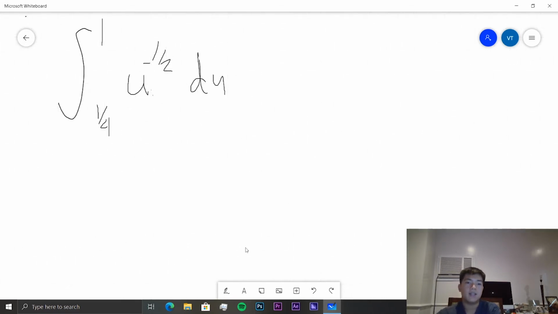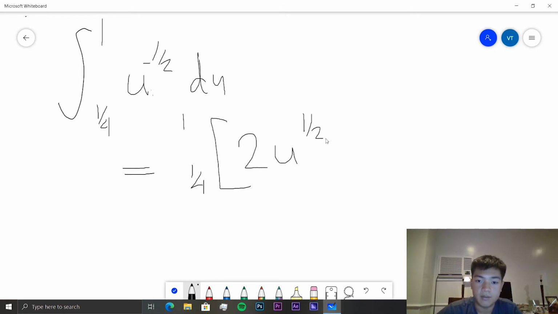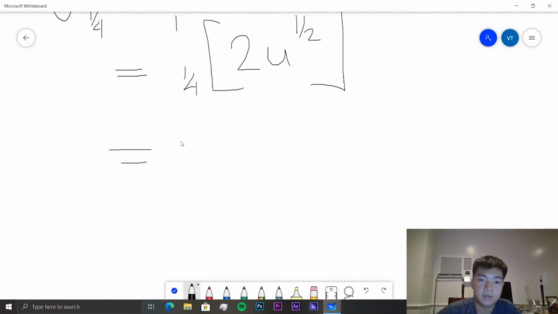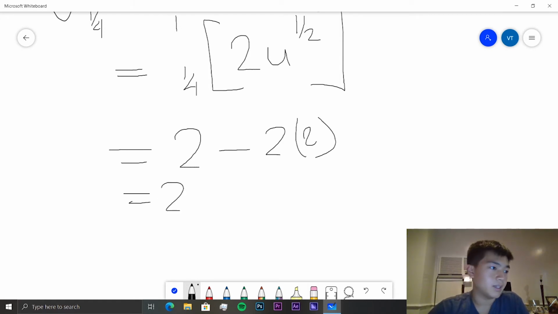Sorry, you couldn't see that. So this should be equal to 2u to the 1/2, really. So this should be equal to 2 minus a large number. This is 2 times 1/4 to the 1/2, so 2 times 1/2. So this should be equal to 2, I think.